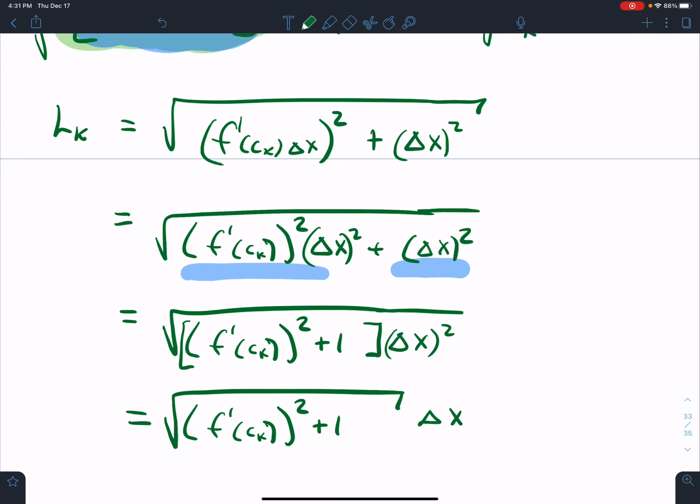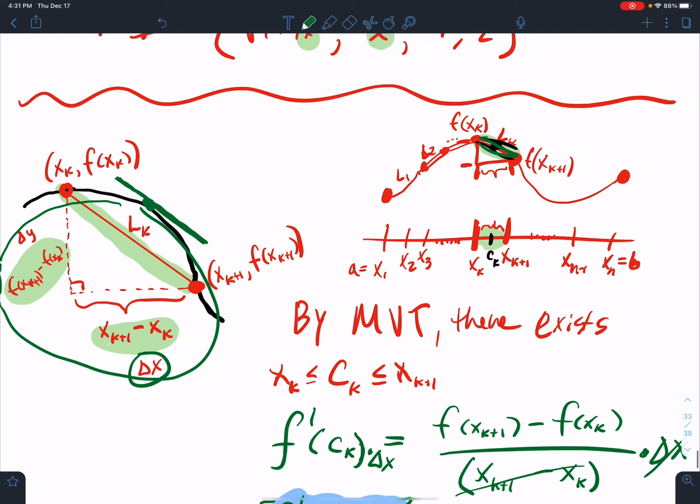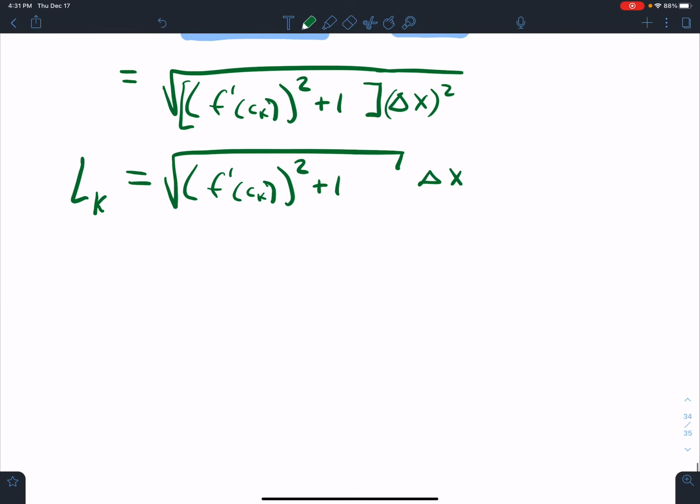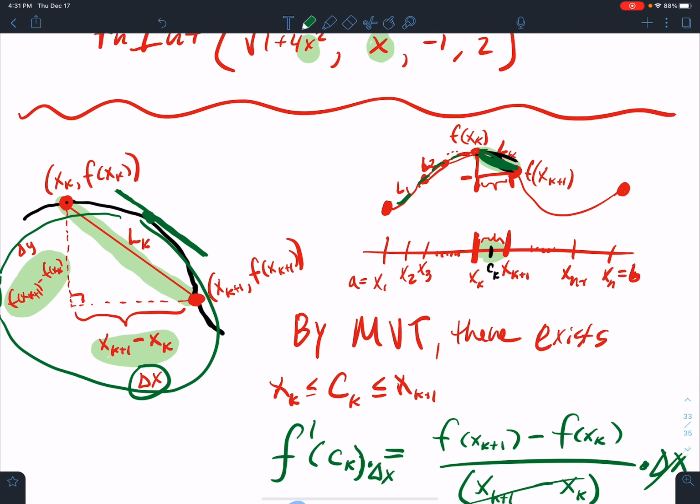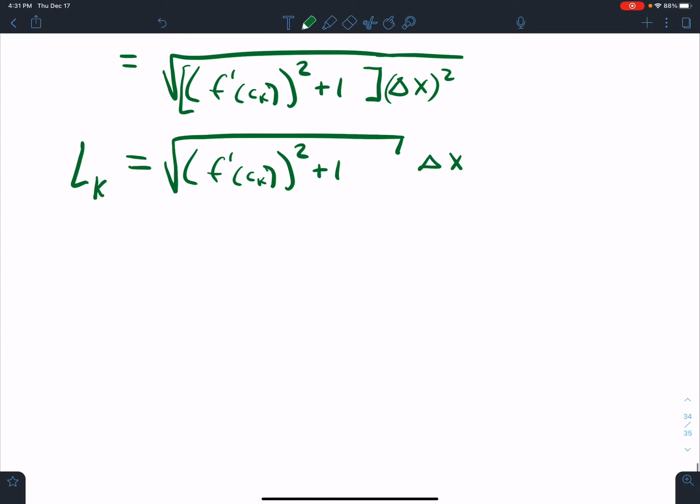Okay? And so I've just proven that one arbitrary length LK is by definition this piece here. So if I integrate all of these arbitrary lengths from A to B, that's where I get the arc length A to B. Actually, let me rewrite this.